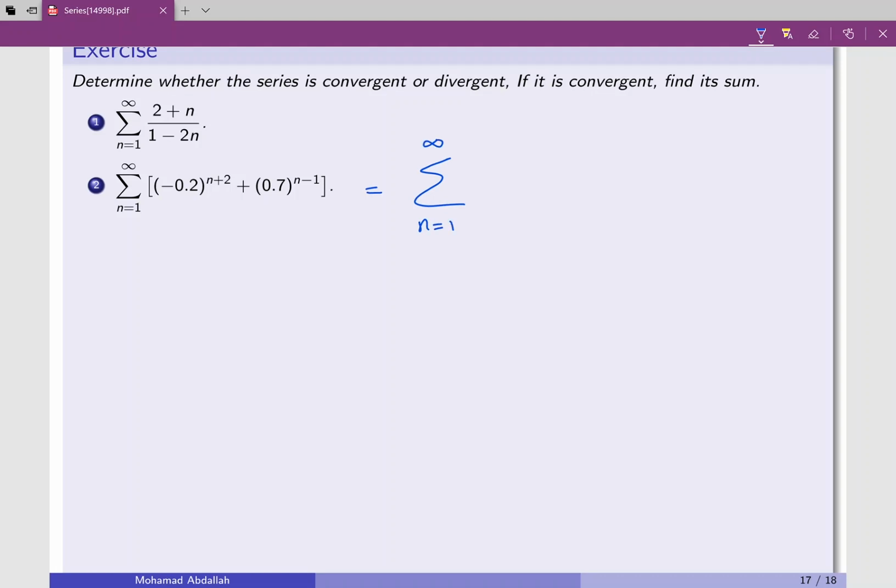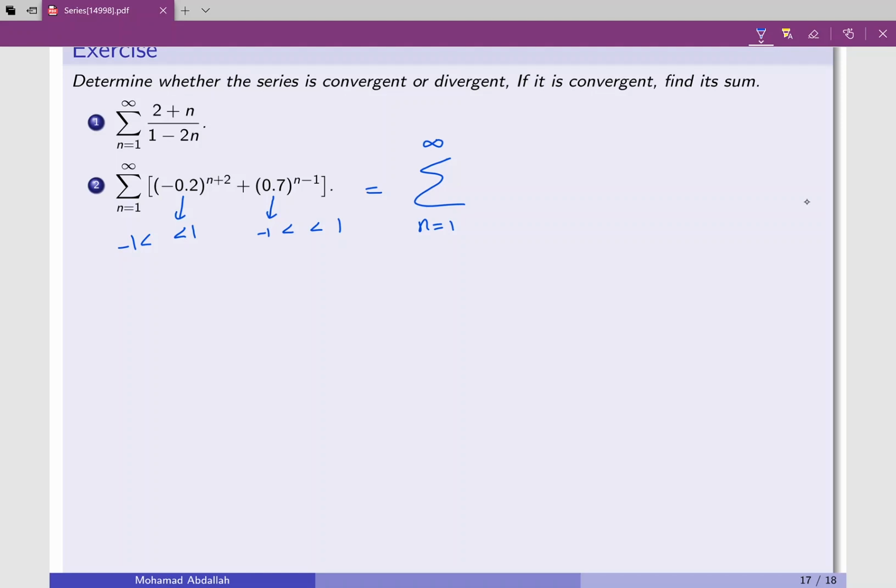Because I know that this is geometric, and moreover, I know that the ratio here is going to be negative 0.2 and the ratio here is going to be 0.7. Here it's between negative 1 and 1, and similarly here it's between negative 1 and 1. So I know that it's going to be convergent. And because I know that the series are convergent, I can split the sum.